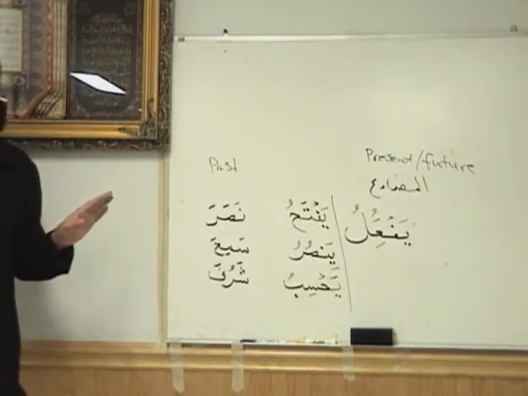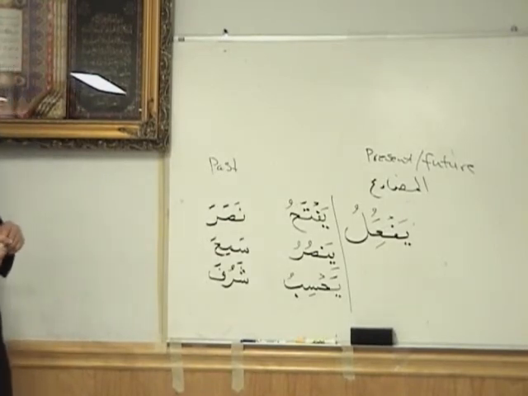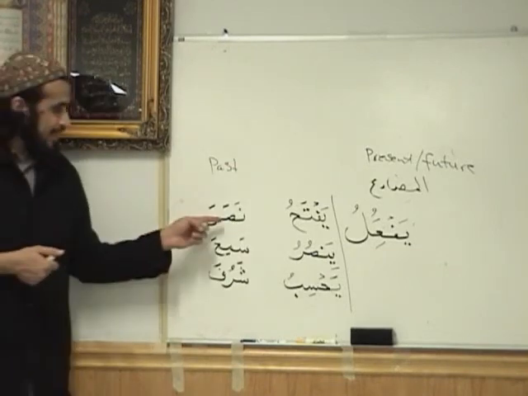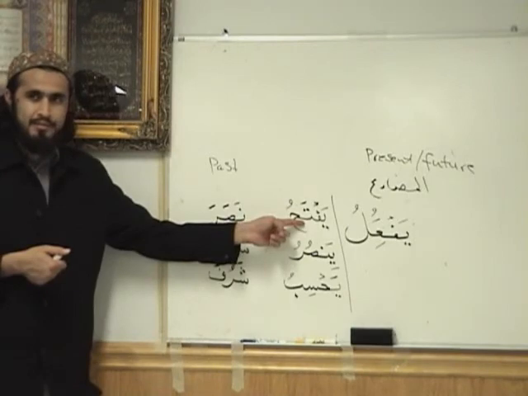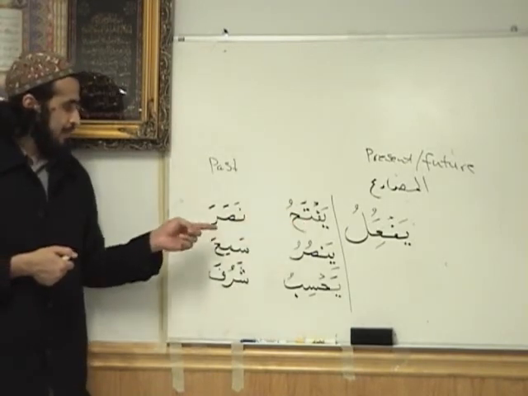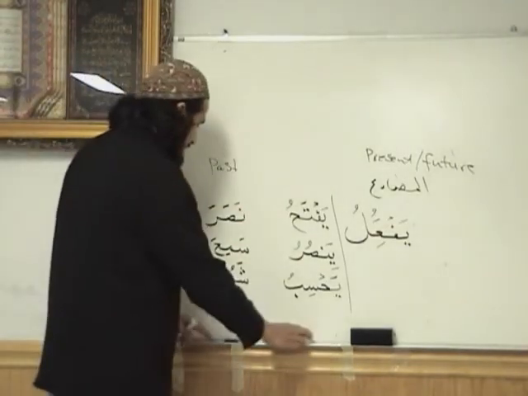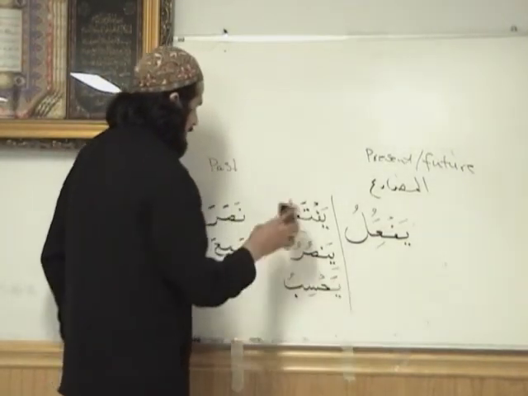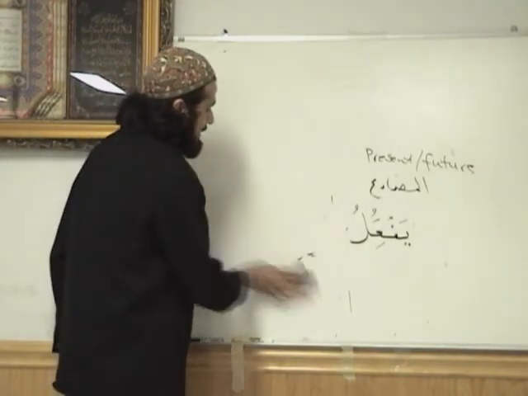I'm saying the mental or logical number is 9. So we can have a verb which will have a fatha in the past and can also have a fatha in the future. Or it can have a fatha in the past, kasra in the future, and so on. So let's draw a chart of these with all the possible examples.